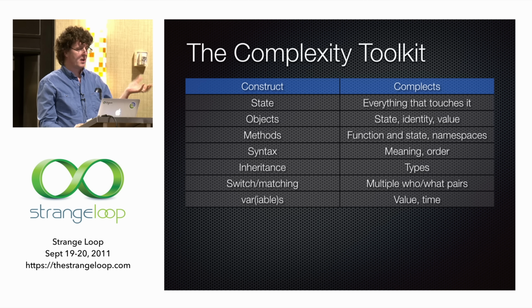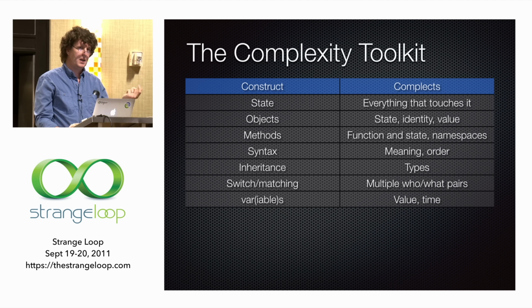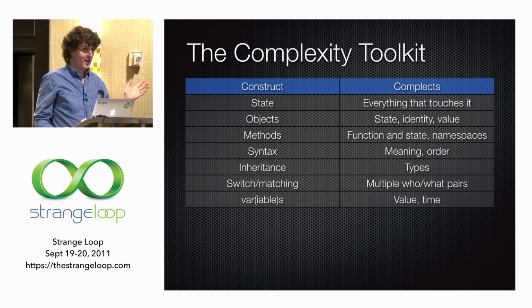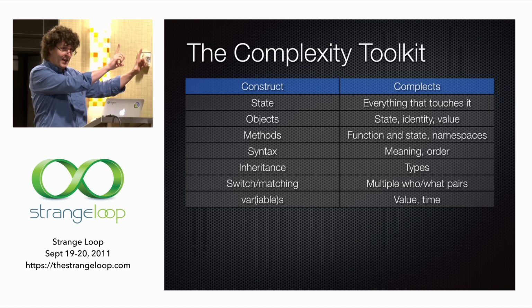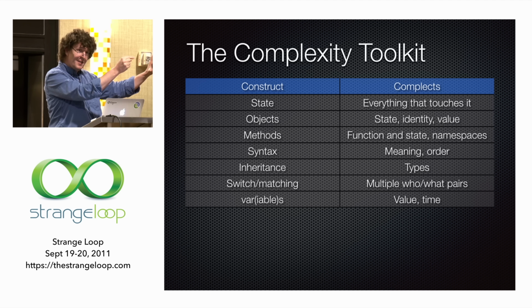Vars and variables, again, complect value and time, often in an inextricable way. So you can't obtain a value. We saw a picture during a keynote yesterday of this amazing memory, right, where you could dereference an address and get an object out. I want to get one of those computers. Have you ever used one of those computers? I can't get one.